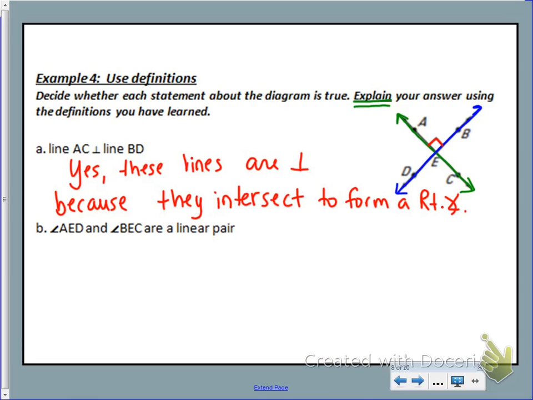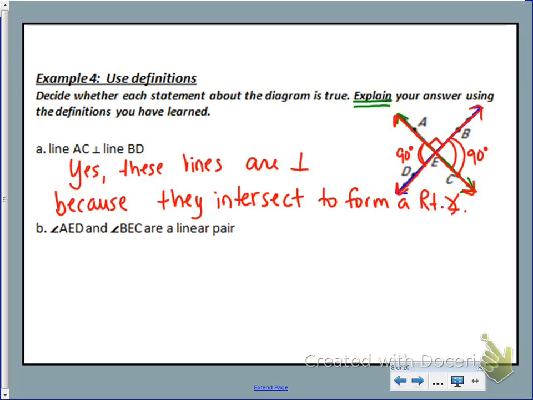Part B says angle AED and angle BEC are a linear pair. Well, we're talking about this angle and this angle. They both happen to be 90 degrees. We know that much. But are they adjacent angles or not? They are not. So they are supplements. They both add to be 180.